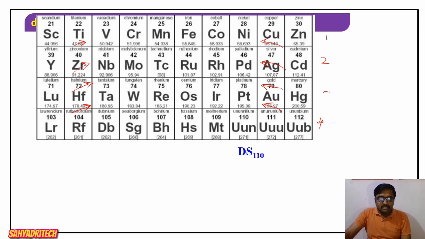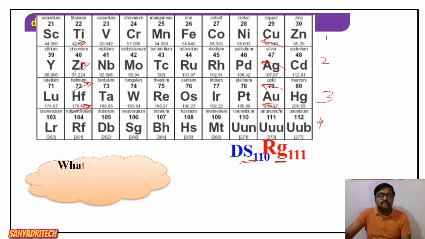Well, now in the last 3 elements of the fourth series of the d block, element 110 is discovered, abbreviated as Ds, and 111 is also discovered, abbreviated as Rg.